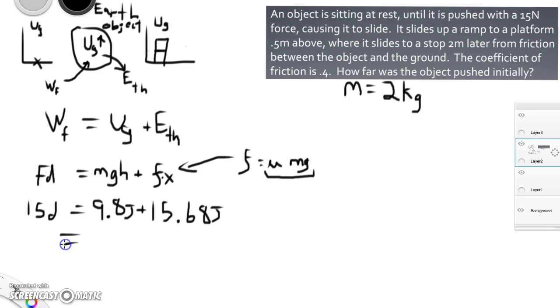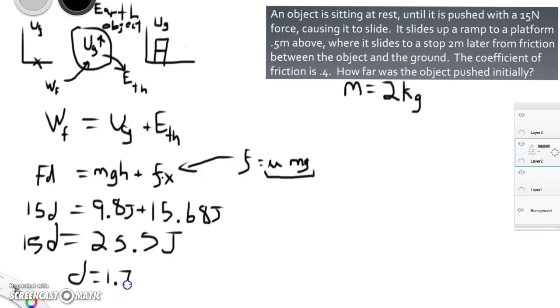So we'll add these together and get about 25.5 joules. We'll divide by the force, I'm sorry, to find d now. So we'll divide that 25.5 by 15. And we find that the distance that it was pushed was about 1.7 meters.